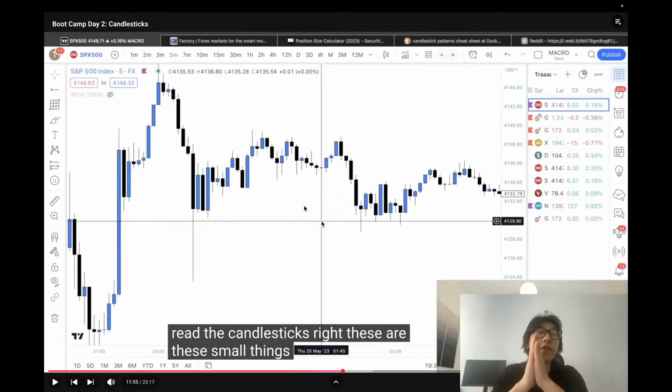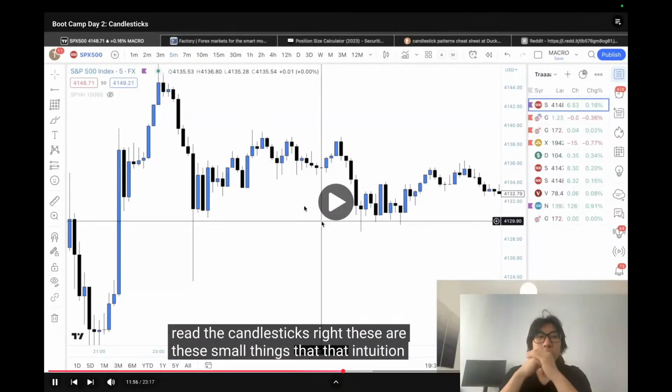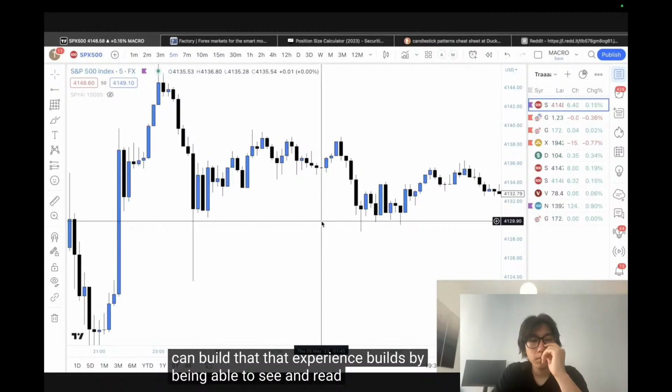There are different types of doji, with equal wicks on both sides, or different kinds of wicks. Some are small, some big, some long, some short. That intuition and experience builds by being able to see and read these candlesticks when most people can't.